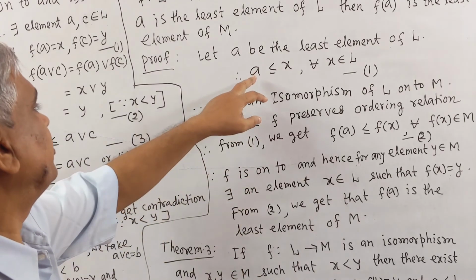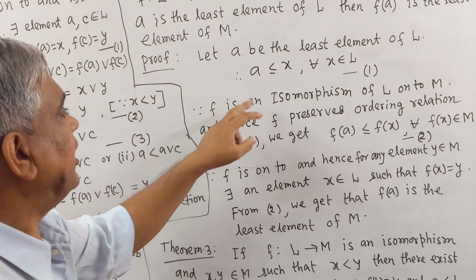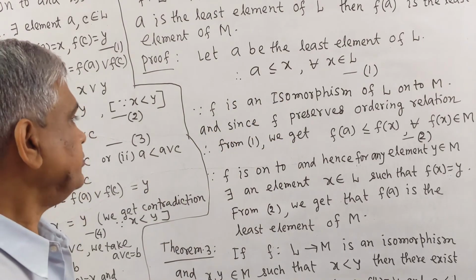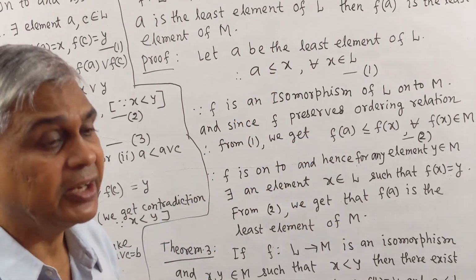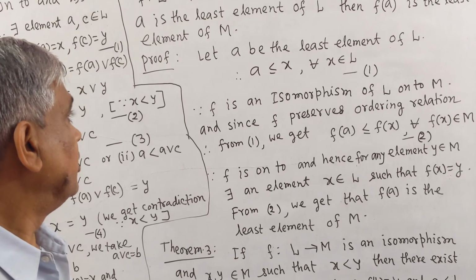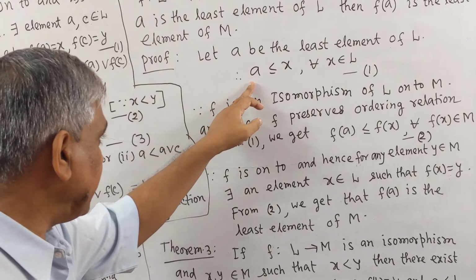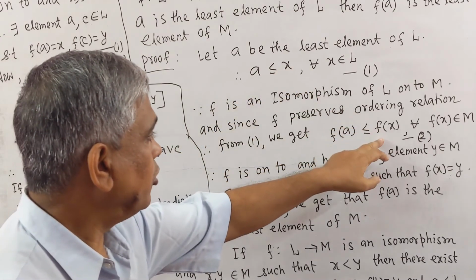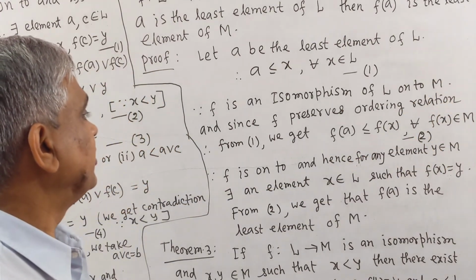This is the property of the least element. Since F is an isomorphism of L onto M, and since F preserves ordering relation, therefore from 1 we get FA less than equal to FX for all FX belongs to M. This is number 2.